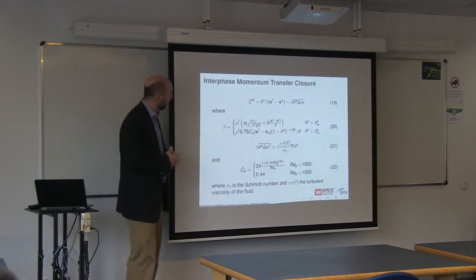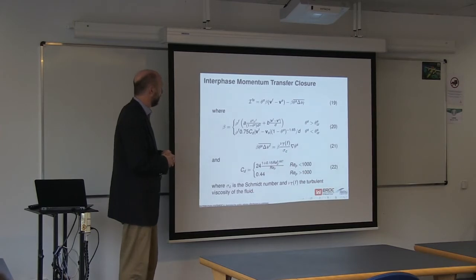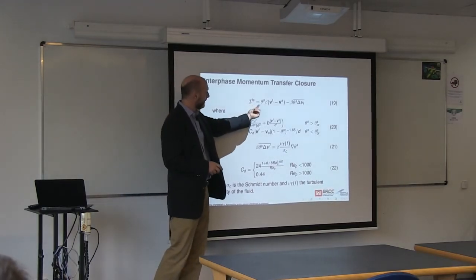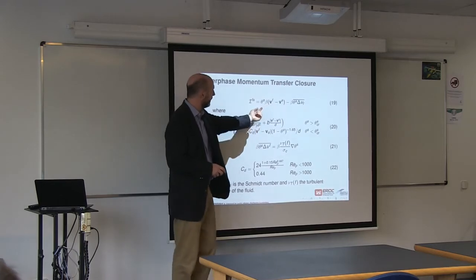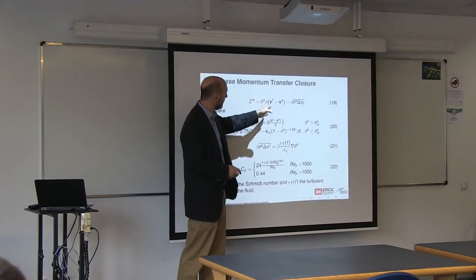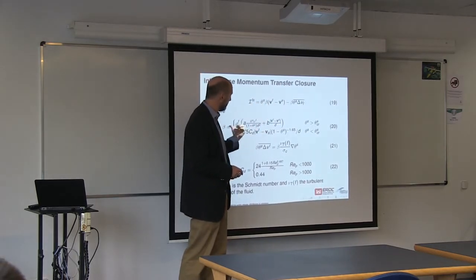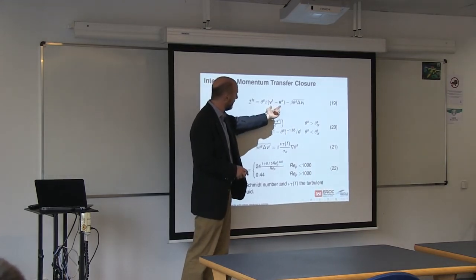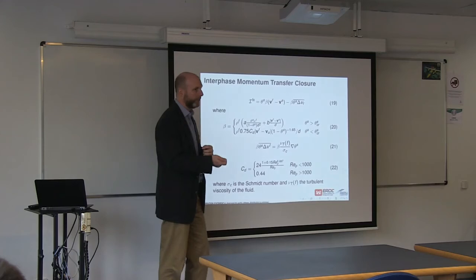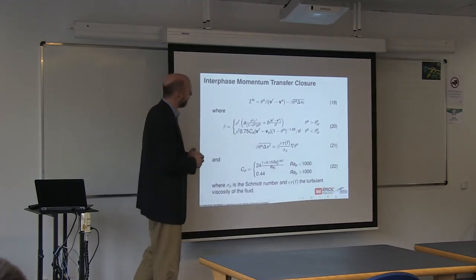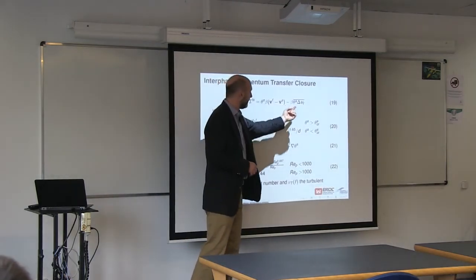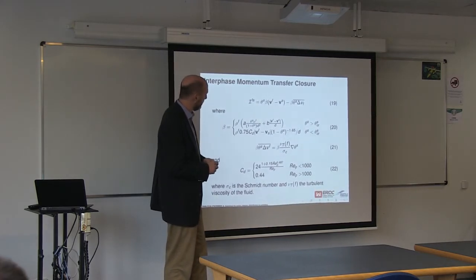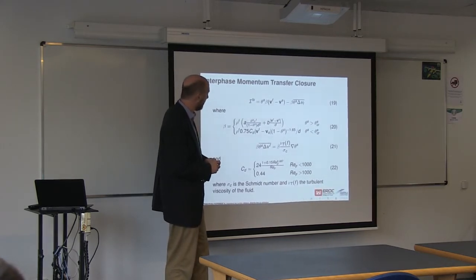So what do these terms look like? As I mentioned, the interface momentum transfer term, which would be the source and sink terms from fluid to solid, looks like a drag term. It's multiplied by the sediment fraction and some constant beta, which is not really a constant; it's a function of the velocity and the sediment fraction, but it's just penalizing the difference between the fluid phase and the solid phase. There are some other terms that arise due to the averaging process, which also go into the interface momentum term.